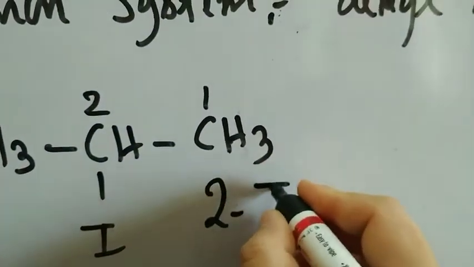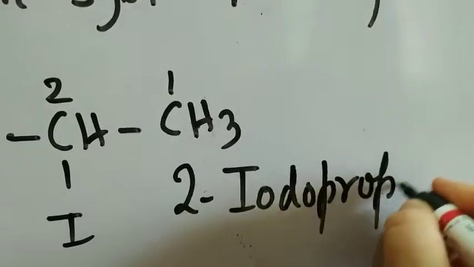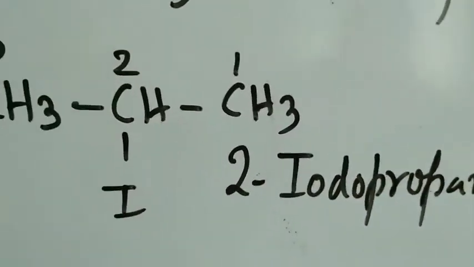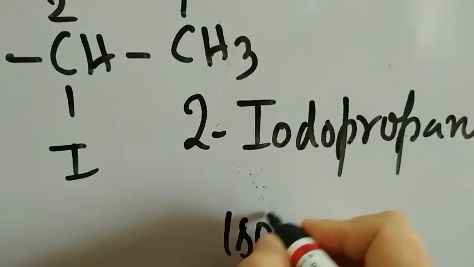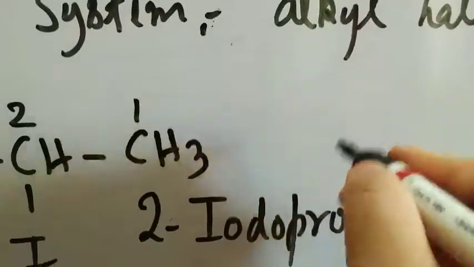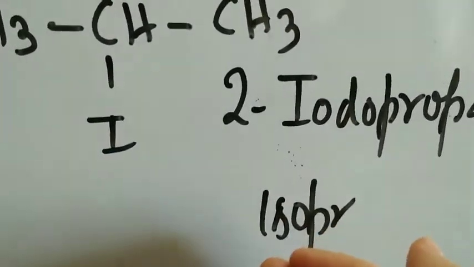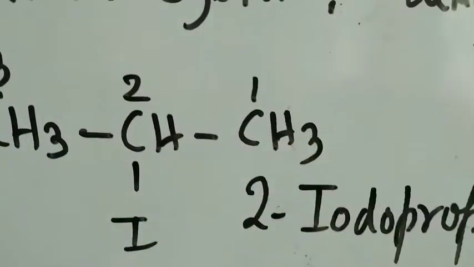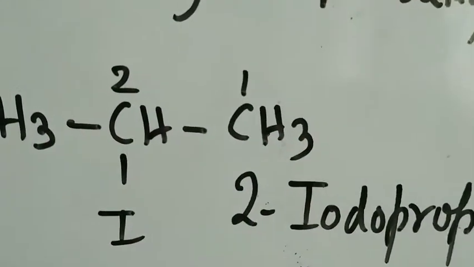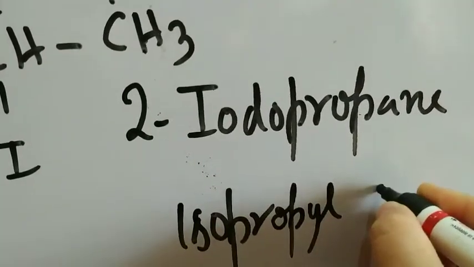The name is 2-iodopropane. And in the common system, what is the name? It is isopropyl. When you write down alkyl, you have to see whether it is n-alkyl, isoalkyl, or tertiary alkyl. You have to pay attention to that. As you can see, this one is isopropyl iodide.